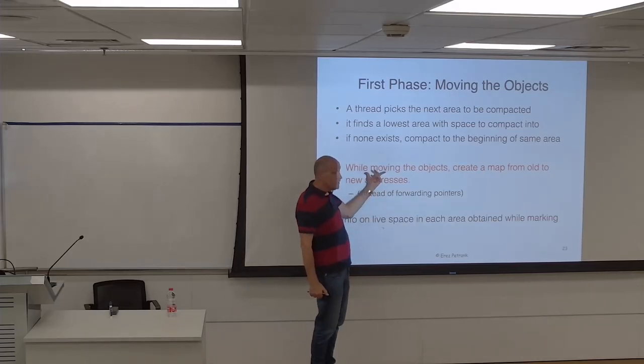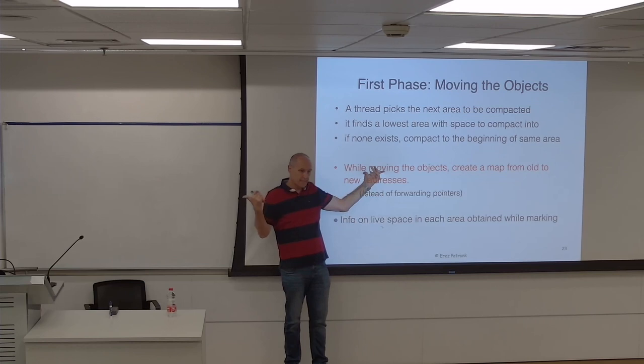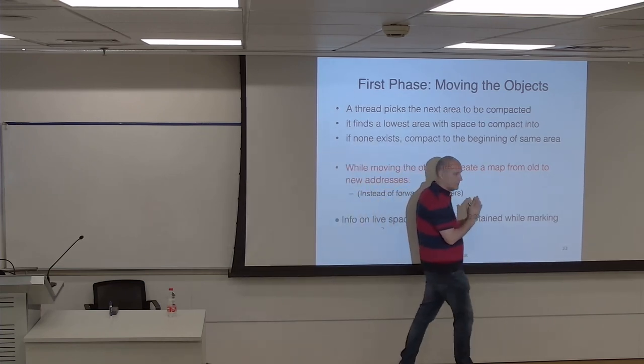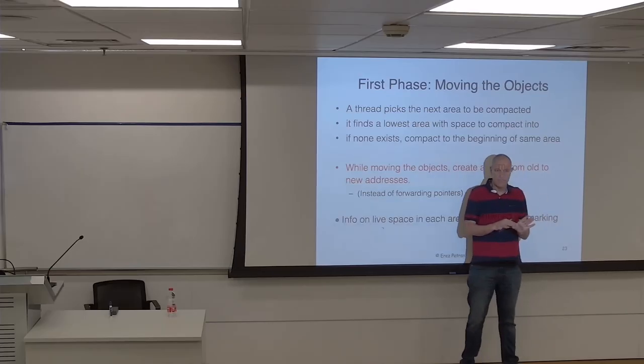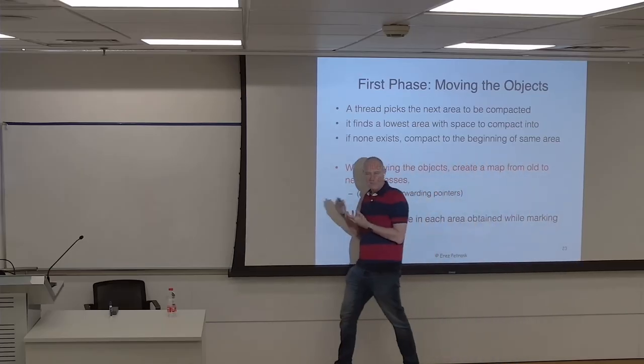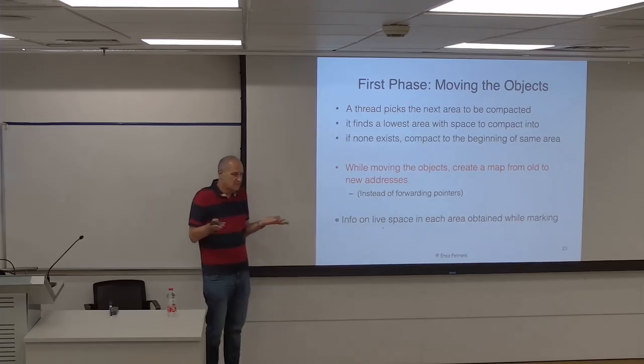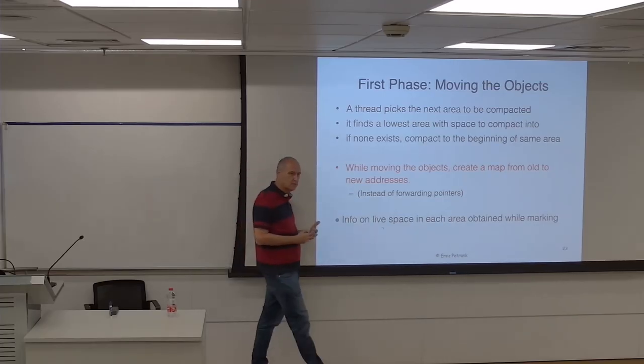Now, when you move the objects, you create a side table. What we tried not to do in all the previous algorithms is use additional space. Now, in the year 2000, space was more available, and he said, let's use some space outside.